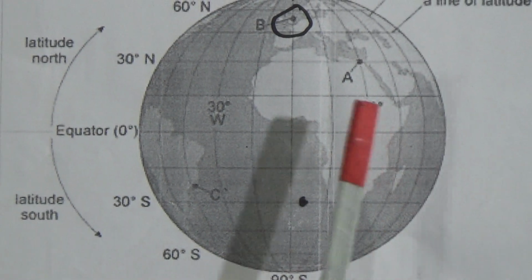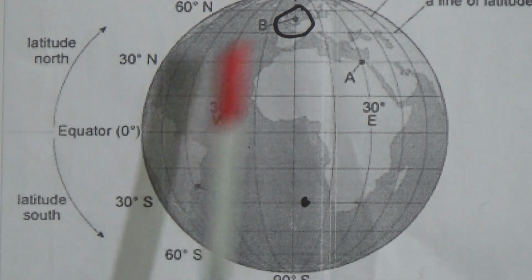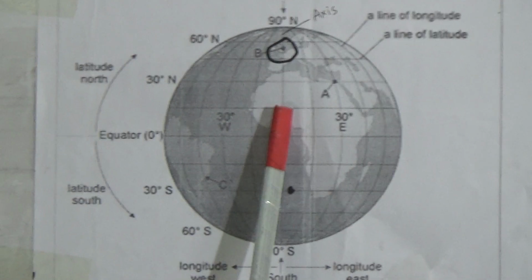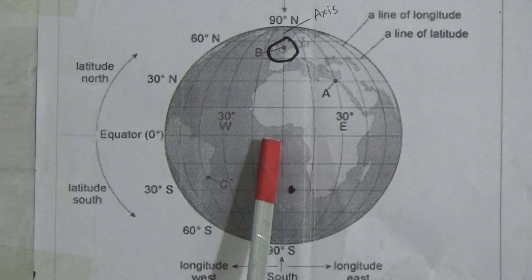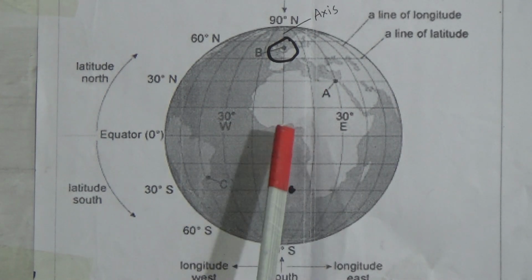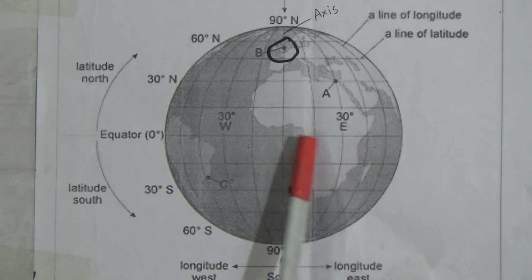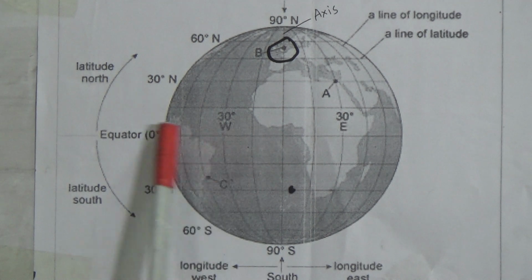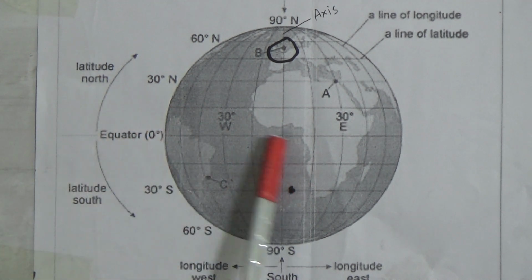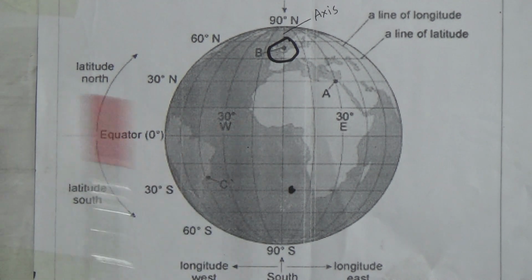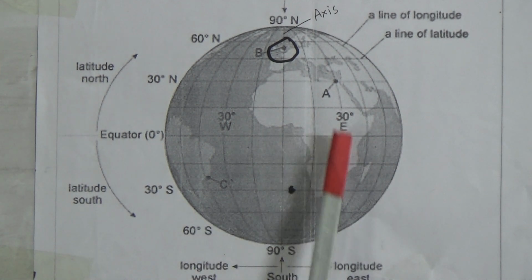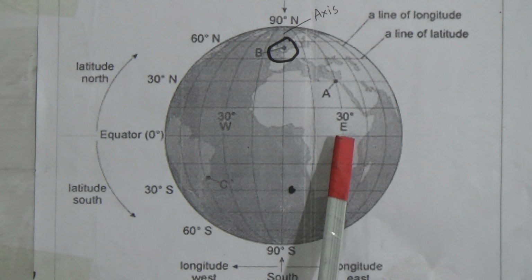Here, my dear students, we can see this is the east part and this is the west part, and this is the imaginary line, that means the axis. In the east, if we go from here to there, the time will be increasing, and if we go the other way, the time will be decreasing. Dhaka and Japan are in the east part.